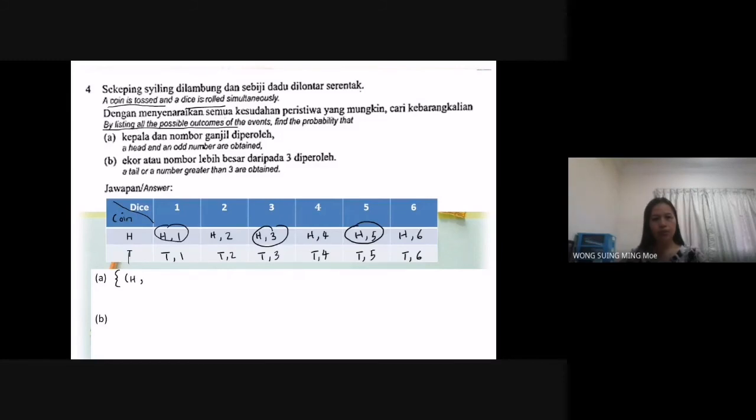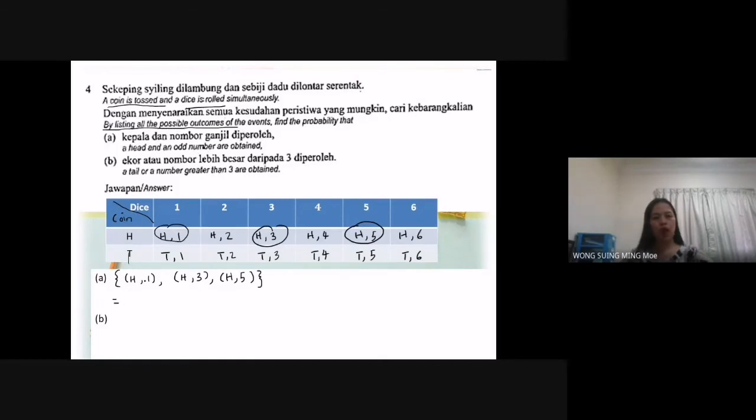Head 1, head 3, and head 5. 3 only, right? Okay, so what is the probability to obtain a head and an odd number?